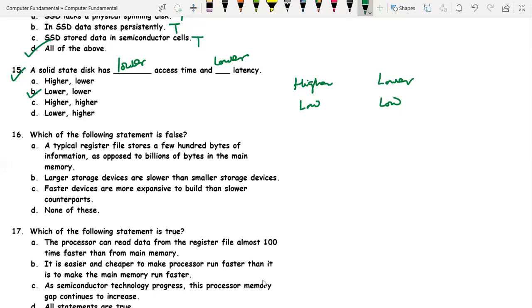But sir, with access time, if it had a high access time, you could get the information faster, or how would that work? No, higher access time means slower. You take more time to get the data. Okay. What is the meaning of higher access time?